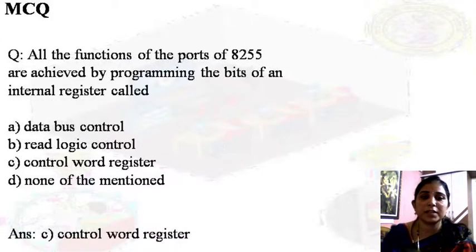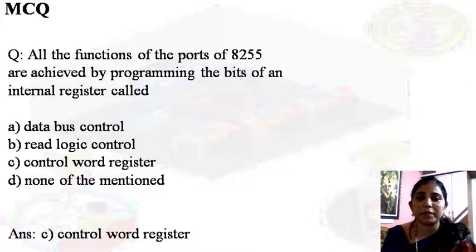The next question is, all the functions of ports of 8255 are achieved by programming the bits of an internal register called what? First option is the data bus control, second option is the read logic control, third one is control word register, fourth one is none of the above. The right answer is option C, control word register.